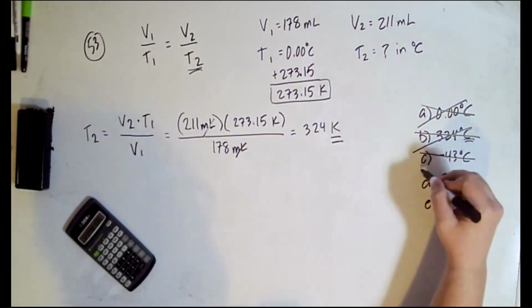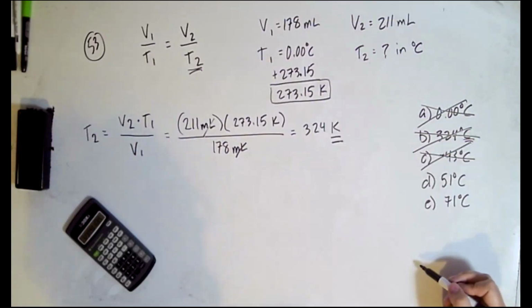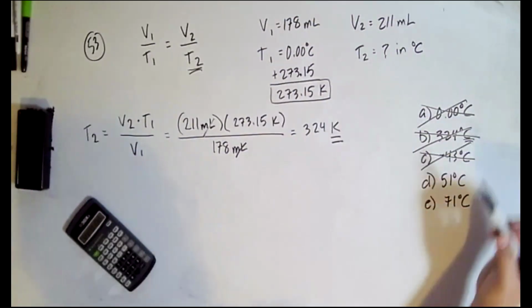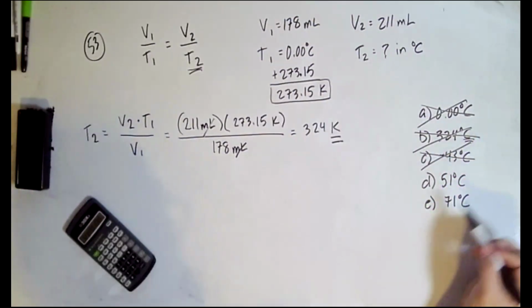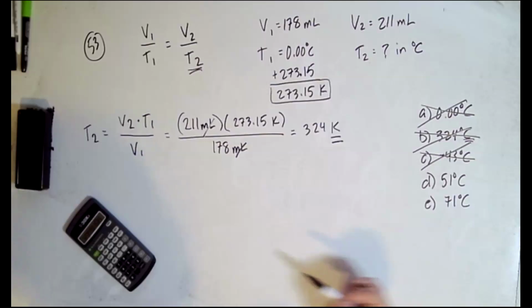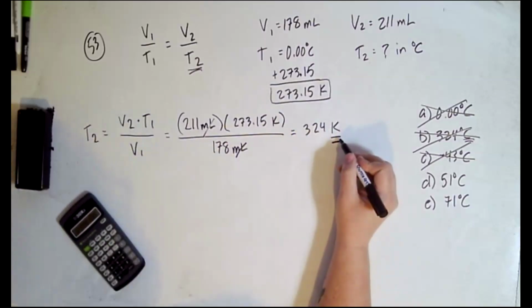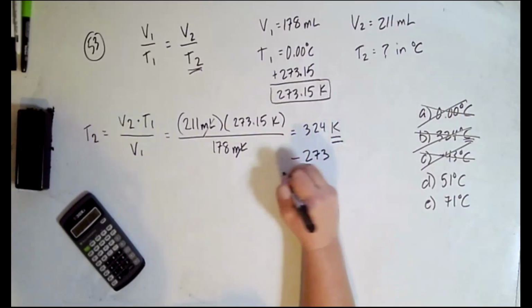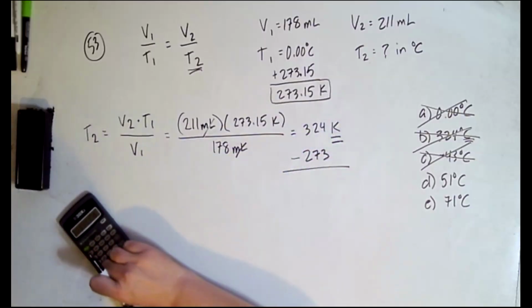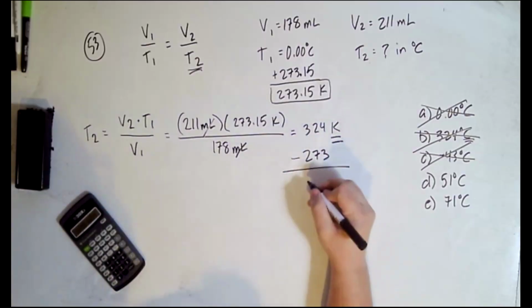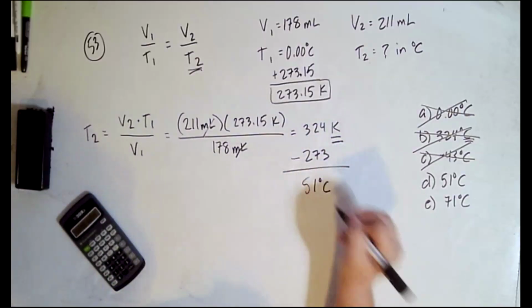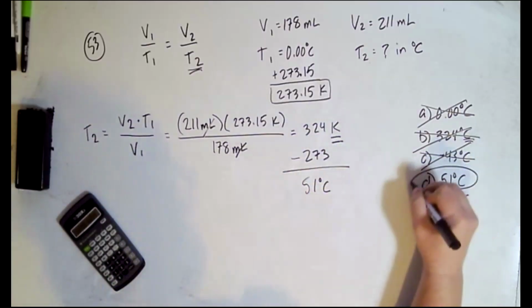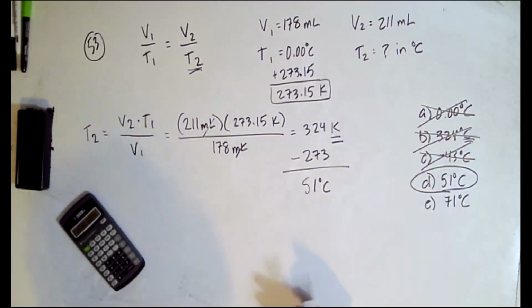And we know that choice C can't be the right answer. We've just eliminated choice B as well. So we're down to these two. So we're going to take our 324 Kelvin. We're going to subtract 273 from it. And we end up with 51 degrees Celsius. And this is going to be our correct answer.